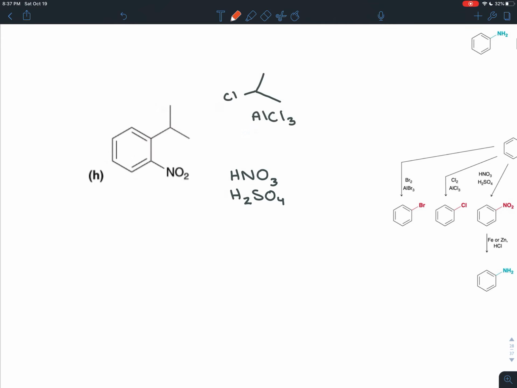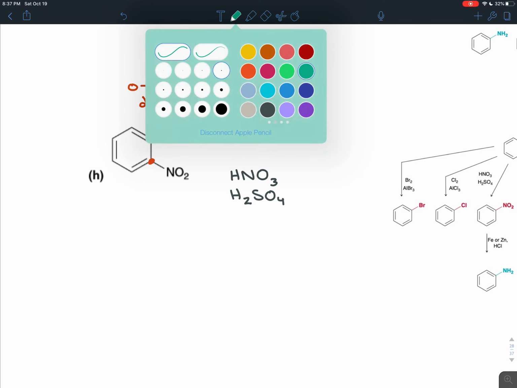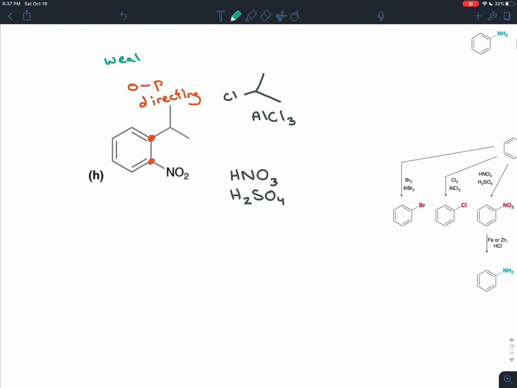Now let's think about the order we need to use them in. These 2 branches are ortho to each other. This top branch is an alkyl group, so it's weakly activating and ortho-para-directing. The branch at the bottom, the nitro group, that is a strong deactivator.